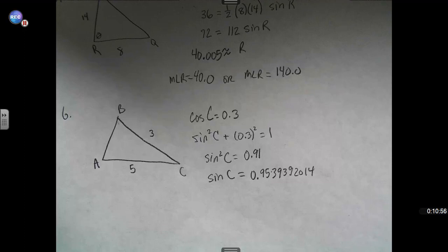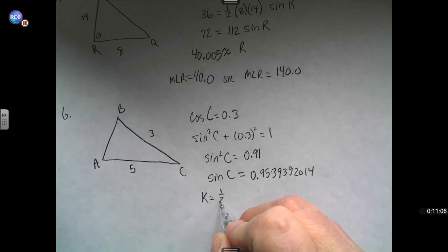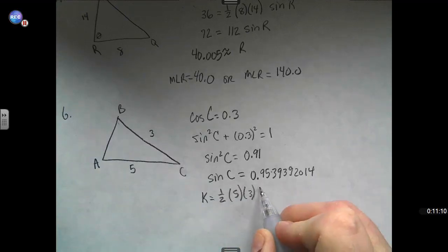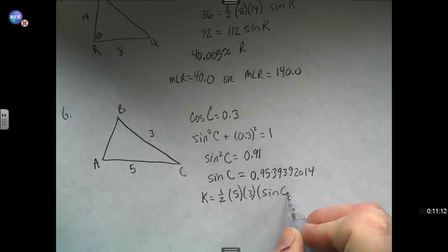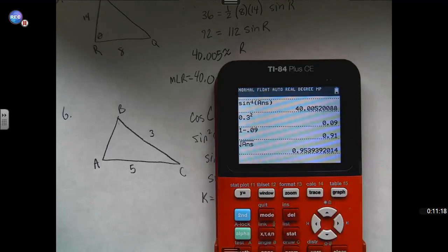So for number 6, find the sine of c. Okay, we just did. And now we want to find the area. So the area of this triangle is going to be 1/2 times 5 times 3 times the sine of c, which is that big long decimal up there. I still have that big long decimal in my calculator.